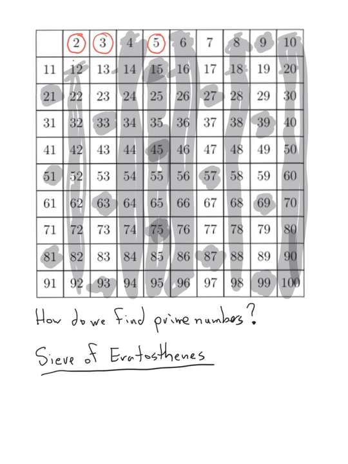Okay, now 7 is our next one. We're going to cross out all multiples of 7 we haven't crossed out yet. So we have 7, 14 we already crossed out, 21 we already crossed out, 28, 35, 42, 49 is the first one that we didn't cross out yet. So let's cross out 49.